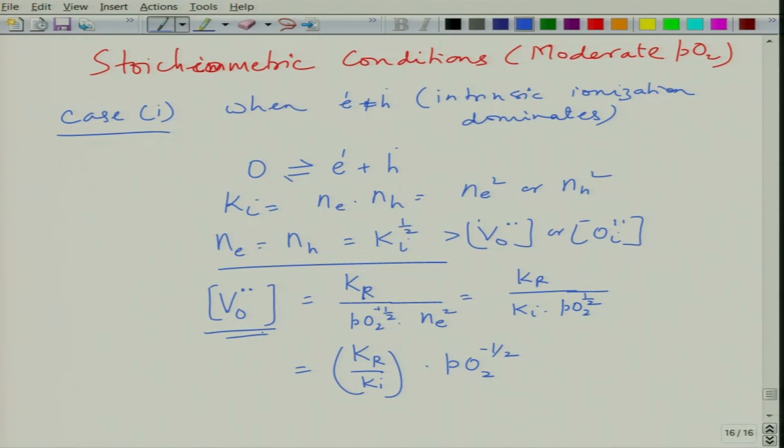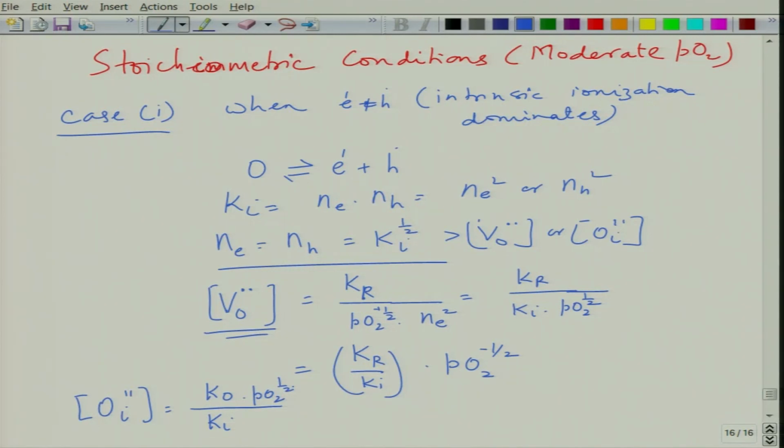Similarly, just like we have the expression for VO, we had an expression for OI. This would be equal to KO divided by Ki into P to the power plus half.